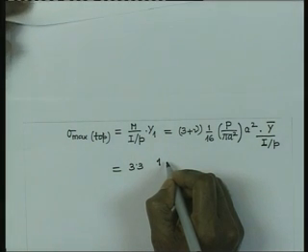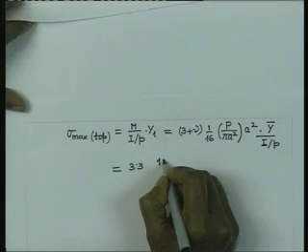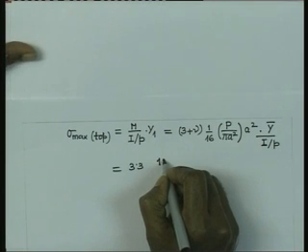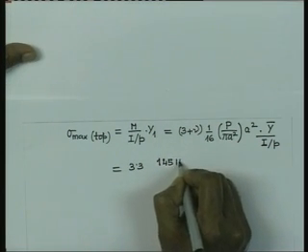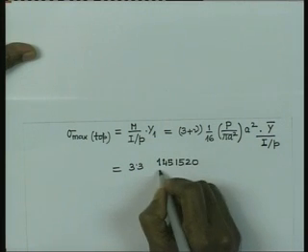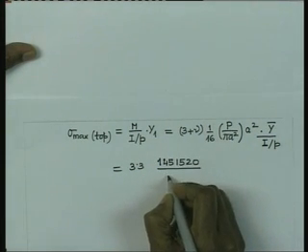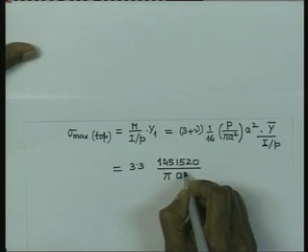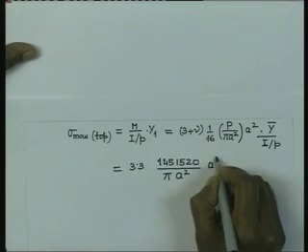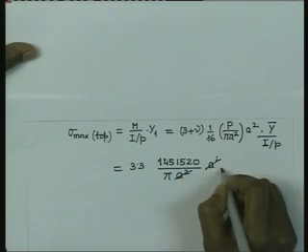and load is equal to 145.1520 by pi A square. We can cancel this A square with this A square, so we need not substitute.